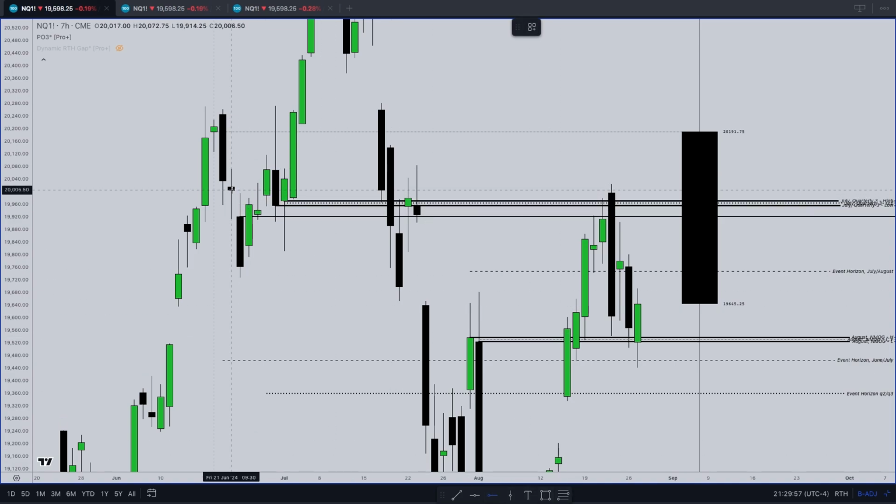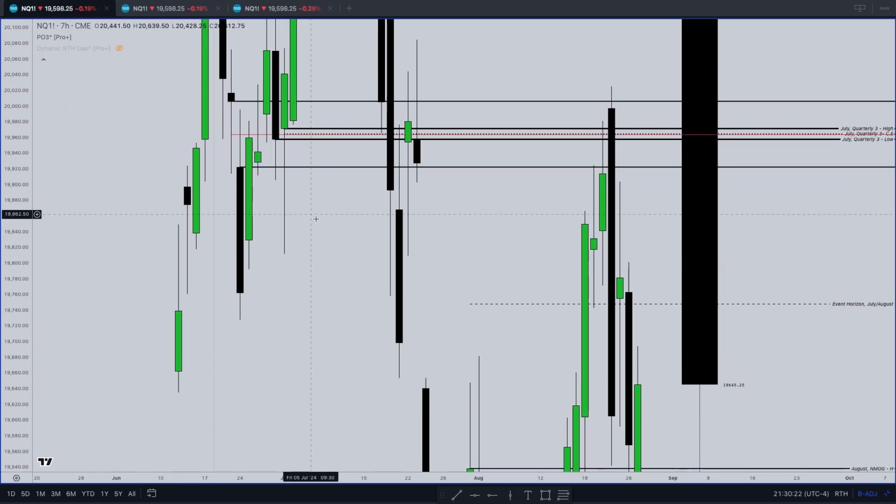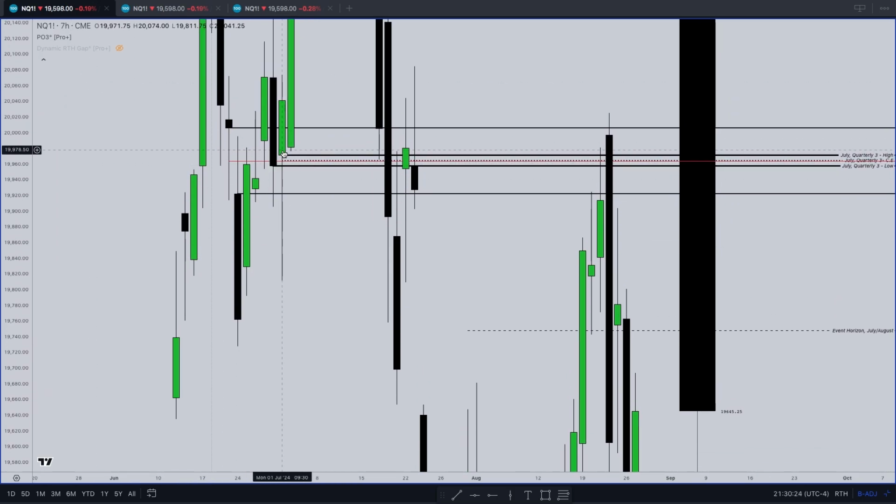Here, this is the closing price of Friday 21, and this is the opening of Monday 24. So between these two price levels is the new week opening gap, and you also want to add the 50%, that is the consequent encroachment, and you can see how this level is almost the same as the consequent encroachment of this quarterly opening gap.